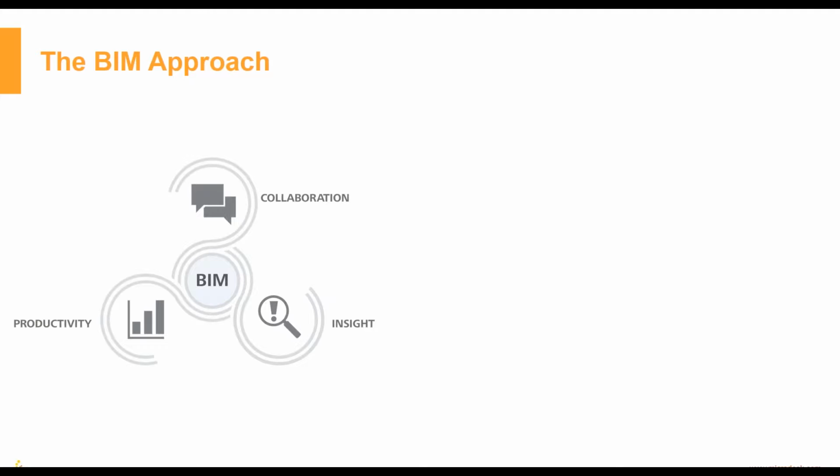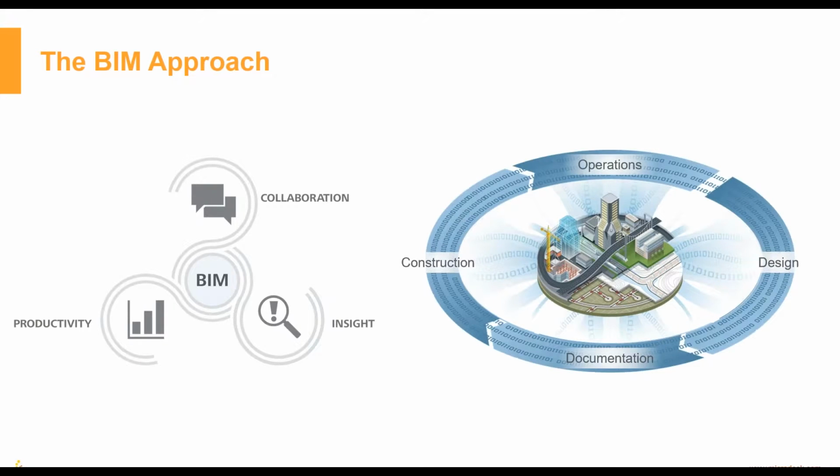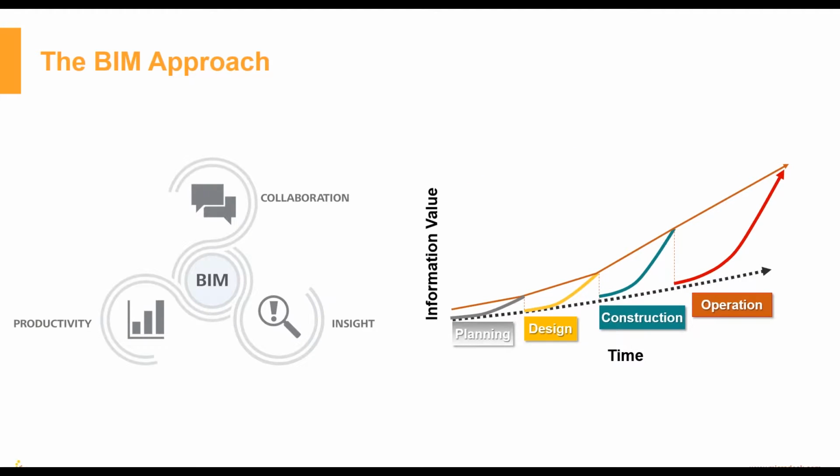We want to make something that is intelligent, not just that the objects have intelligence, but our work is actually intelligent. We're collaborating with others and getting the benefit of their insight and of their expertise, and we're being more productive. And as part of that, most everybody has probably seen this image before, where we're actually going through the workflow. We're using BIM in design, we're moving through documentation and construction and operations, and we're trying to get the benefits throughout all the different phases.